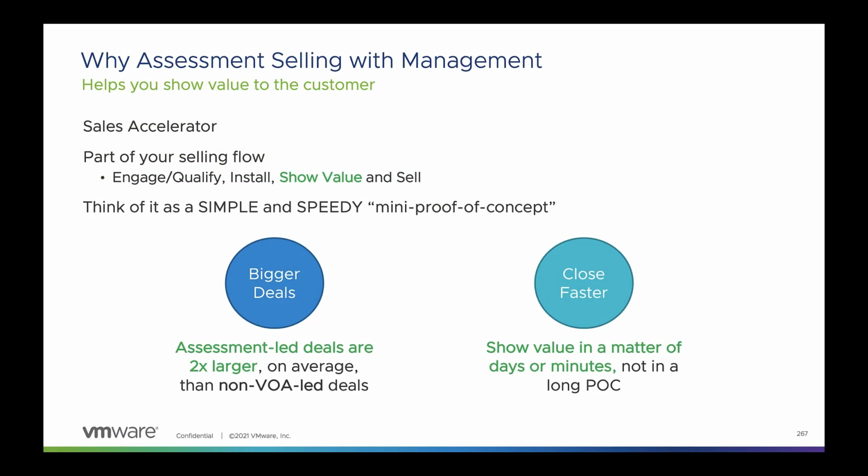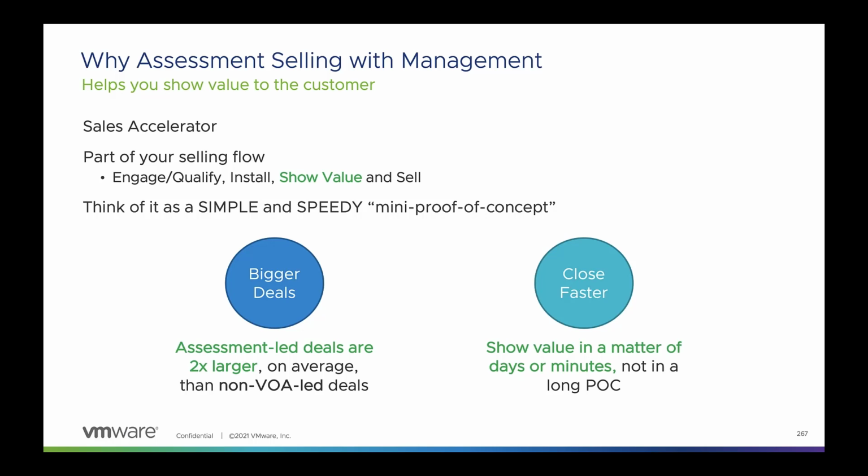First of all, let's talk about why assessment selling is important. We've shown over the past 6 or 7 years, with that much data from the vSphere Optimization Assessment, that we're able to close deals much quicker using assessment selling. We can show the value of vRealize Operations in a matter of days or minutes, and not a month or 2 month long proof of concept.